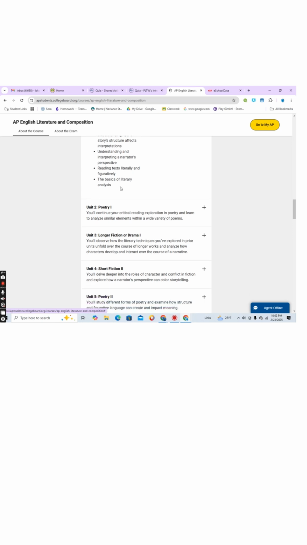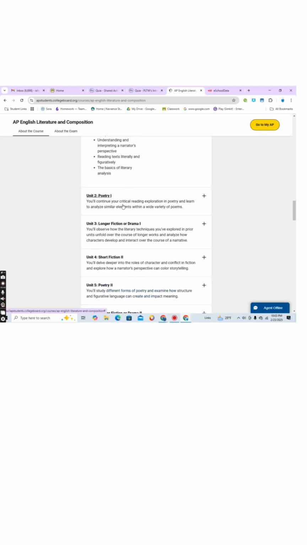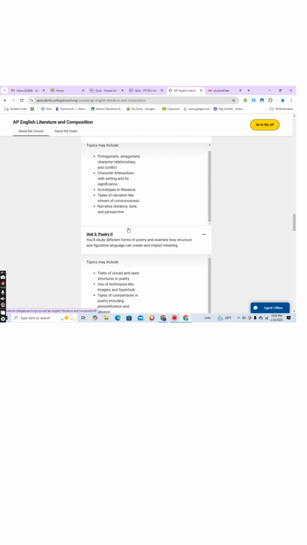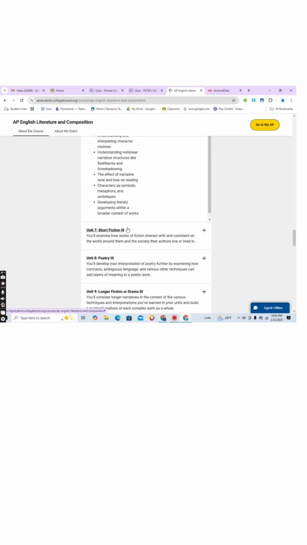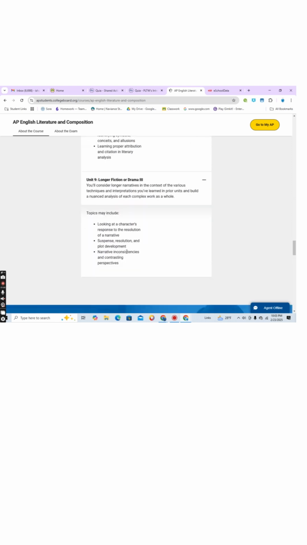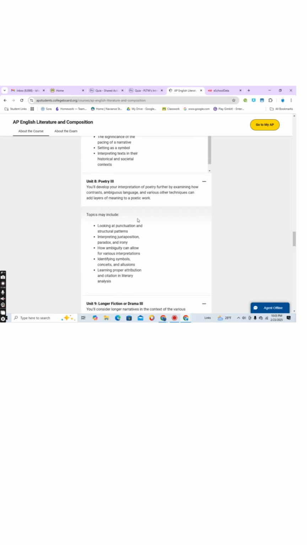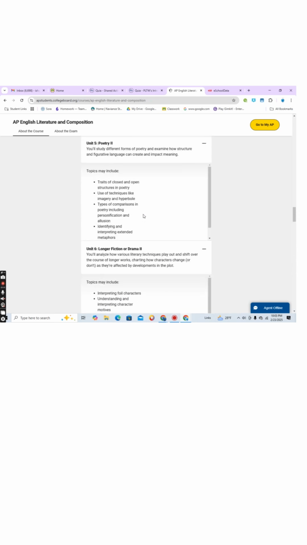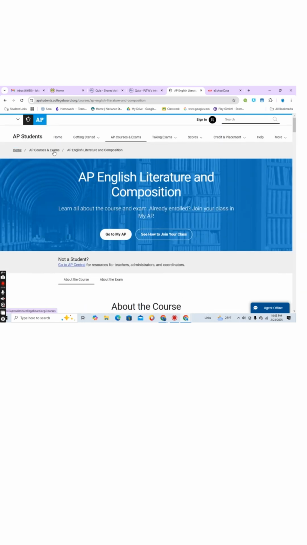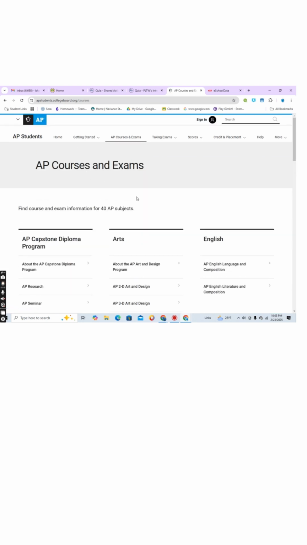In Lang you analyze more non-fiction text, like more factual information. Fiction is harder to analyze because there's a lot of hidden meanings. There are a lot of ways the characters talk, and you have to try to find meanings in them. You gotta find hidden messages in fiction, which makes it harder than Lang.